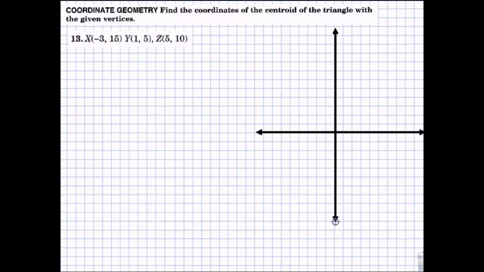Okay, and hopefully I gave myself enough room. Yes, okay, cool. All right, then I'm just going to graph the points. So X is, oh no, I didn't give myself enough room, darn it. There. Okay, X is -3, 15. So 1, 2.